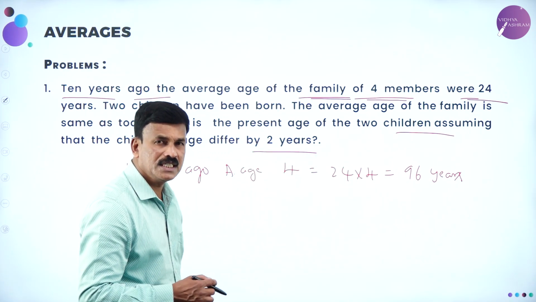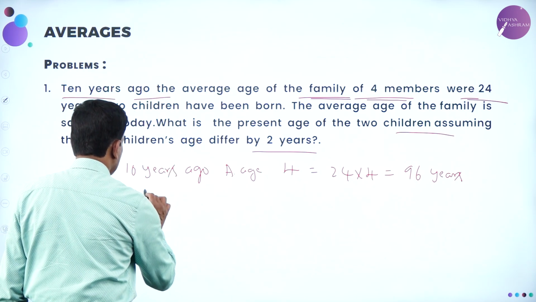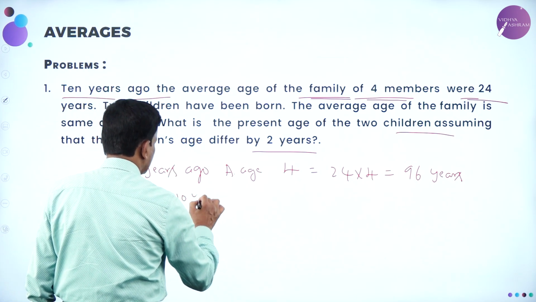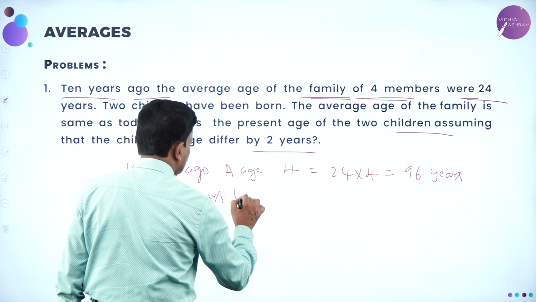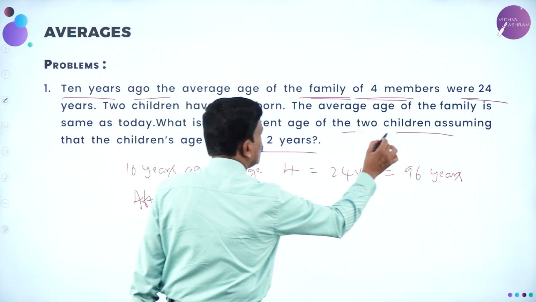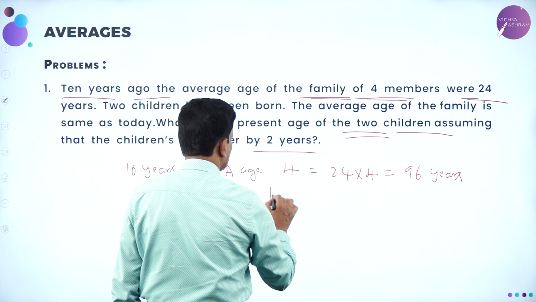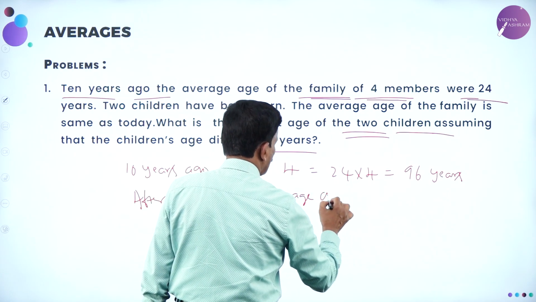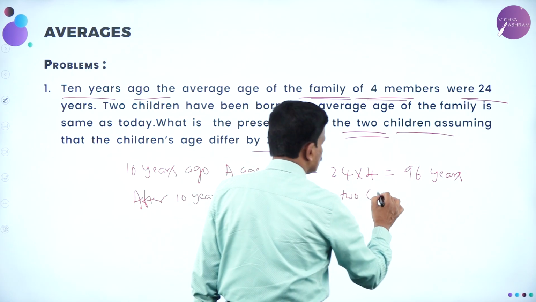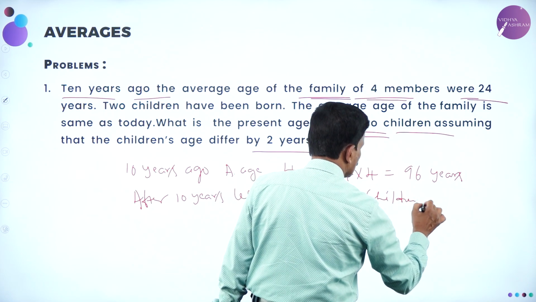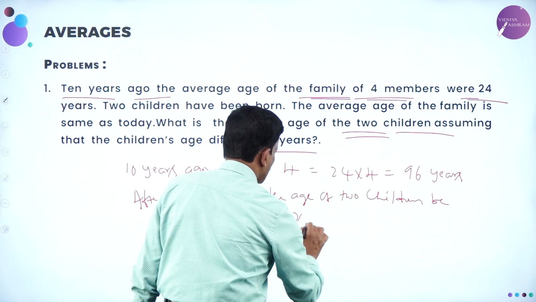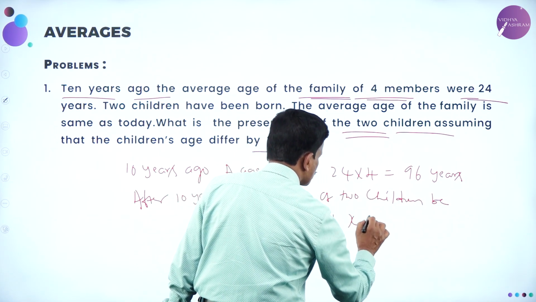Now, after 10 years, let the ages of the 2 children be x and x plus 2.